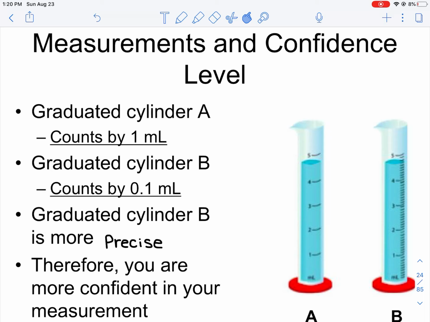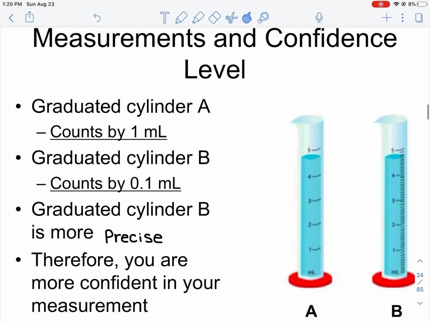But anyways, this is a graduated cylinder, and notice the tick marks just read 1, 2, 3, 4, 5. Now on graduated cylinder B, you can see that there's tick marks going up to 1, tick marks going up to 2, to 3, to 4, to 5. So this one is going to be more precise, because there's more measurements.